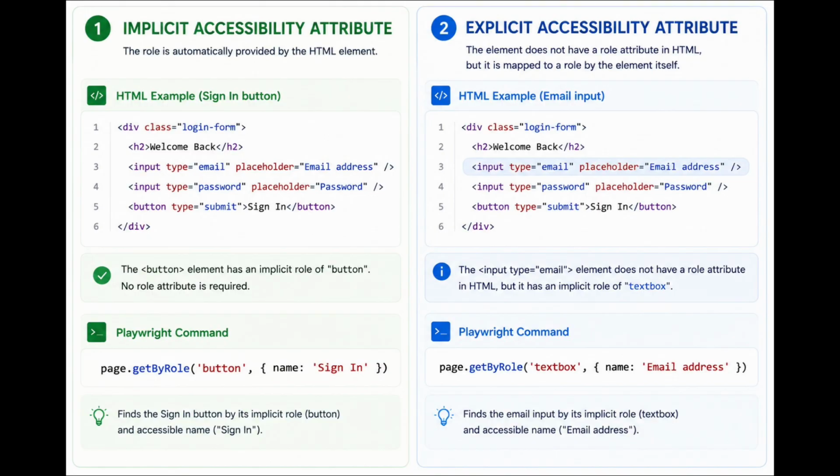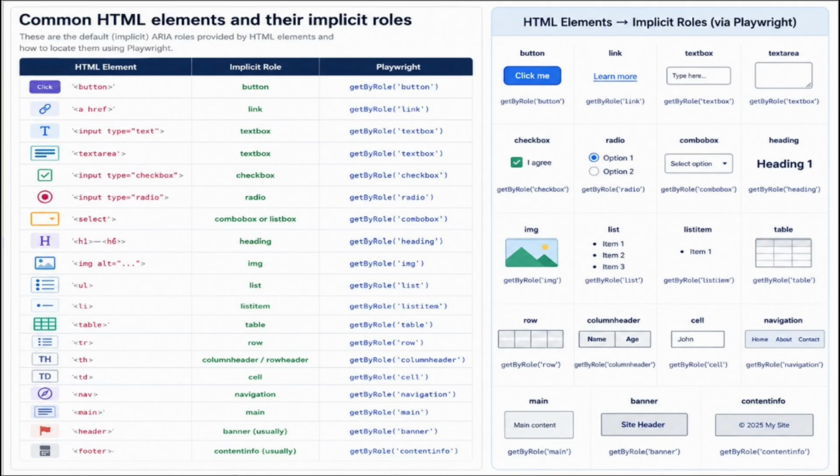And how do we differentiate between what is implicit and what is explicit? And how can we identify the right role name that needs to be used? There are two ways to do that. If you look at this sheet, we have a standard list of element nodes and their corresponding role names. So we can use this to identify the right role name. You can see the input element has multiple variations of roles based on the type of element.